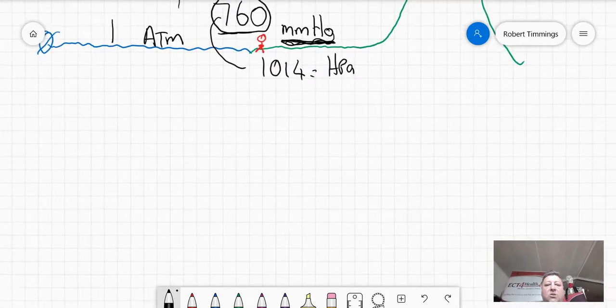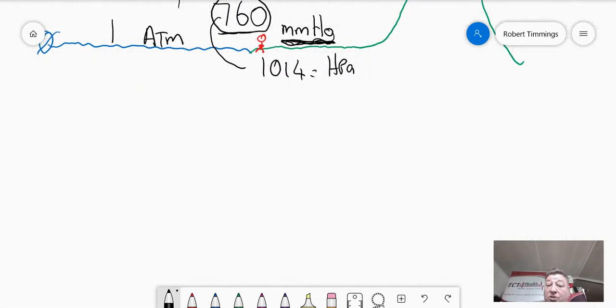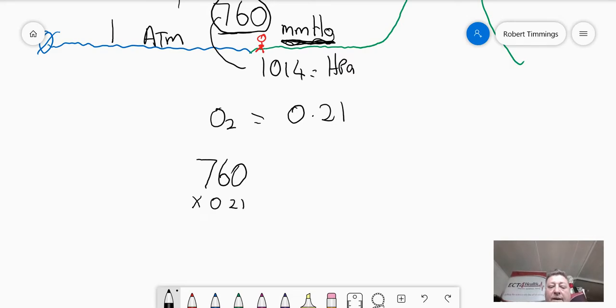So we're going to use that air pressure at sea level to do this calculation. If oxygen equals 0.21 of air, in other words 21% of air is oxygen, then that must mean that if air pressure is 760 millimeters of mercury, oxygen must be 0.21 of air pressure.